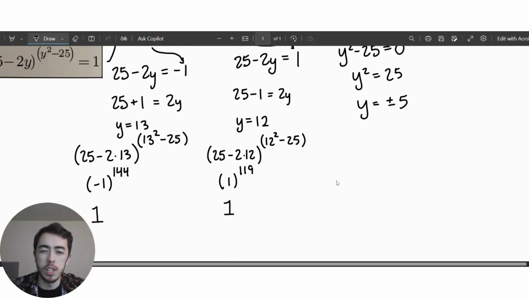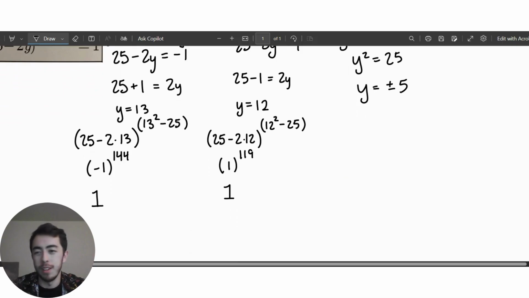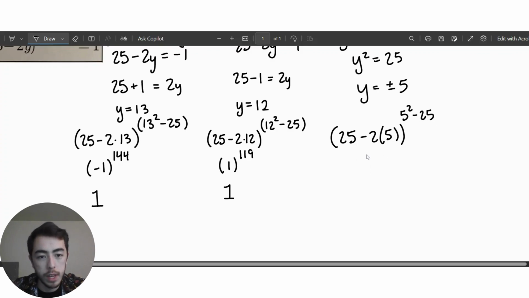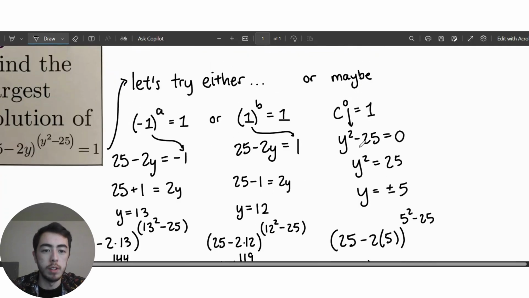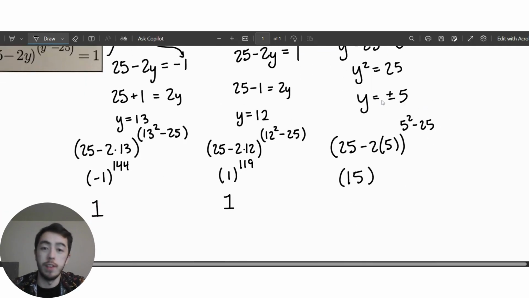I guess I should double check that they do, but I think they will. That'll be 25 minus 2y. I'll do the positive 5 version first. And then the power is y squared, so 5 squared minus 25. The base here, 25 minus 10, is 15. But then, like I thought earlier about the exponent needing to be 0, that's how I found this 5 anyways. 5 squared is 25. 25 minus 25 is 0.